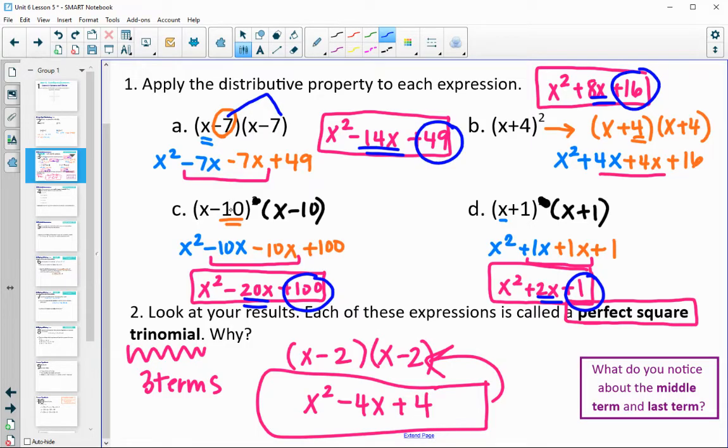So this 10 times 10 gave us the 100, -10 twice gave us the -20. 4 times 4 giving us 16. Positive 4 and positive 4 is giving us that 8. 1 squared is 1. 2 ones is 2. Or this one that I just randomly did down here. 2 squared is 4. 2 negative 2's gives us -4.